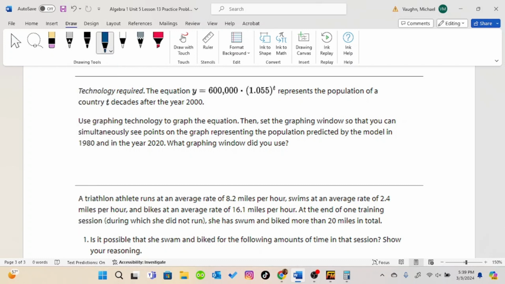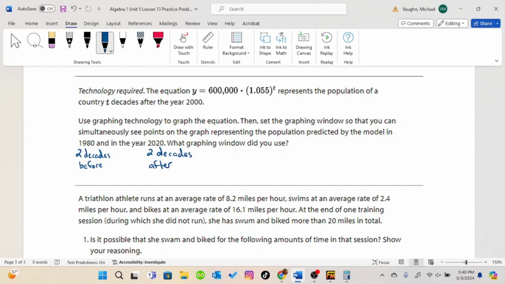If t represents decades after 2000, then 1980 is going to be 2 decades before, and 2020 is going to be 2 decades after.